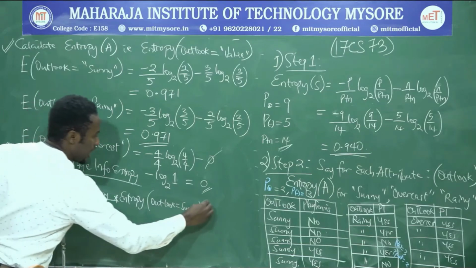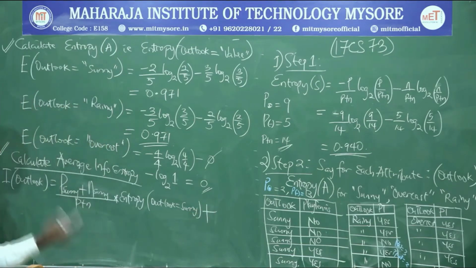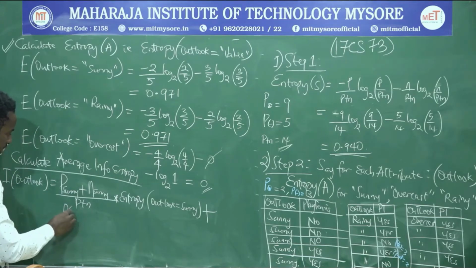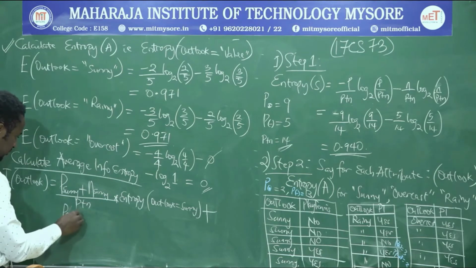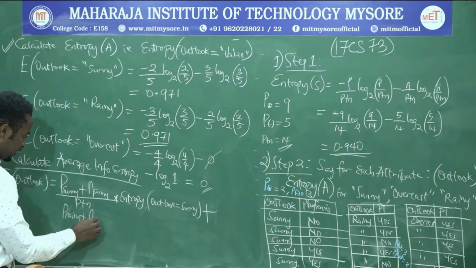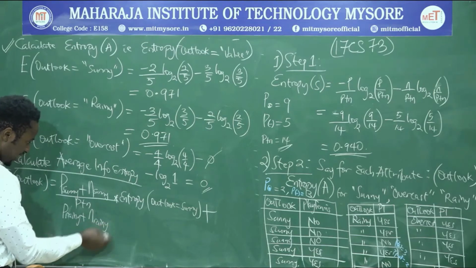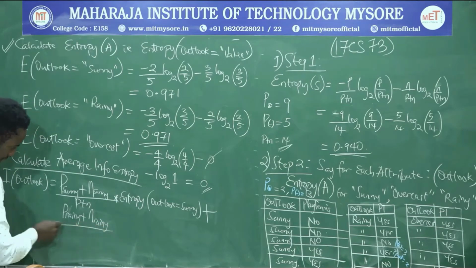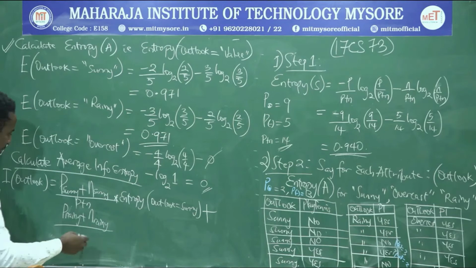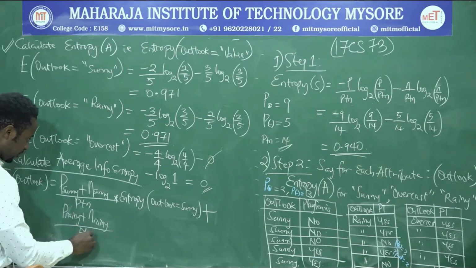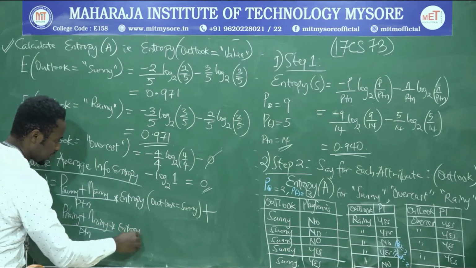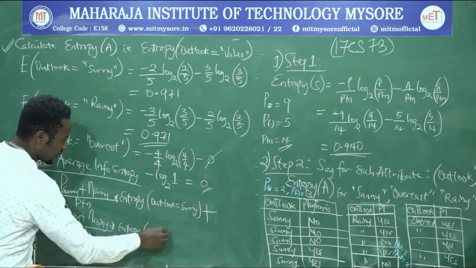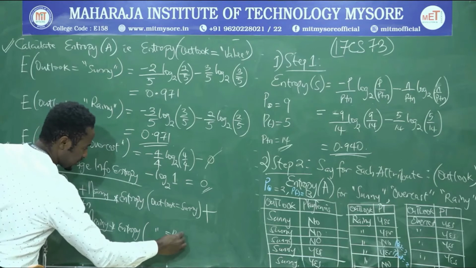Did you agree? Yes. Plus is summation. Same thing we have to repeat, P of rainy plus N of rainy. I'm taking pains to write this so that you also do the same. The more you write it down, the more you remember. P plus N into the entropy of, again, outlook equal rainy.